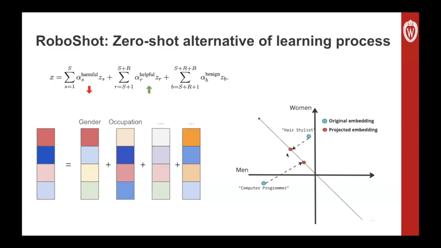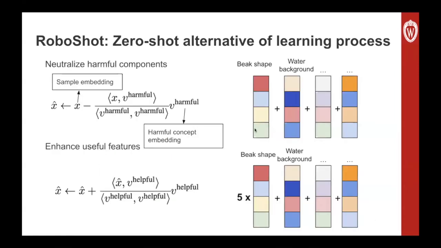So in this example here on the right, it projects it to the subspace where it is invariant against gender. So the hope is that once we perform embedding debiasing on an embedding, the influence from a certain concept will be minimized. That's what we do in RoboShot too, but because we do not necessarily need the embedding to be fully invariant against the concepts that we don't want, what we do in RoboShot is really simple.